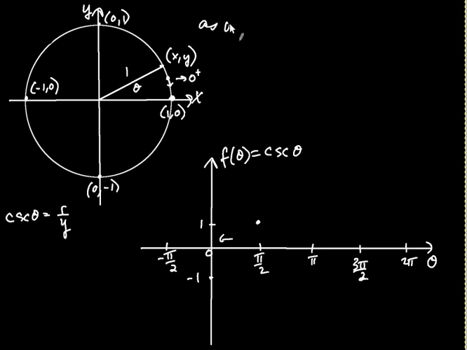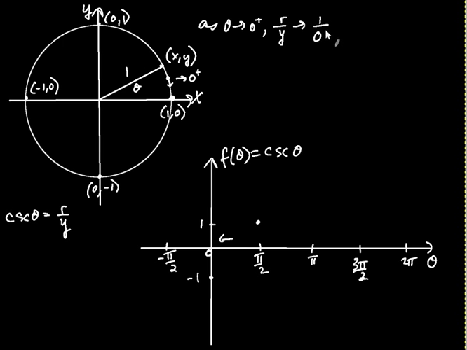As the angle approaches 0 from the right, what happens? Well, r over y, well, r is approaching 1. And what's y doing? Y is approaching 0. Now let me ask you, is y approaching 0 from the positive or negative values? Well, you're in quadrant 1, and the y's are all positive up here.